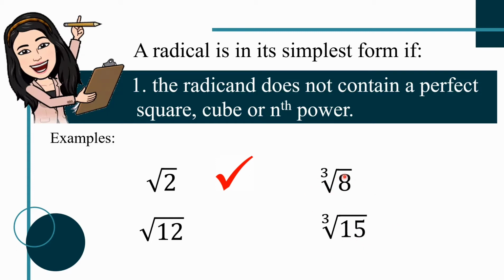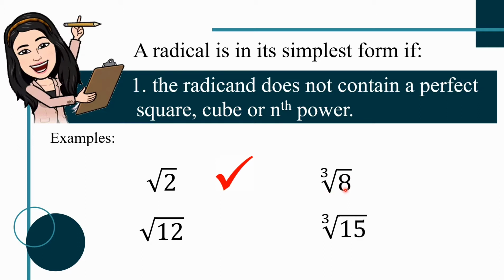How about these two given? We have the cube root of 8 and the cube root of 15. Which of the following is already in its simplest form? Ang cube root of 8 ba ay naka-simplest form? Okay, hindi po. Why? Kasi, ang cube root of 8 ay can be simplified, or ang 8 natin na radicand is a perfect cube.